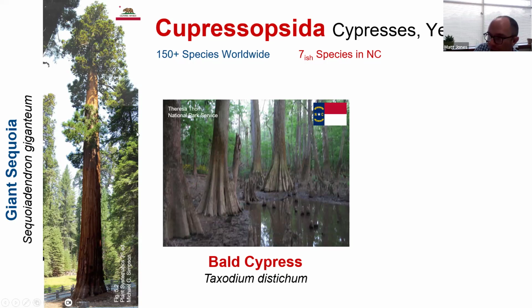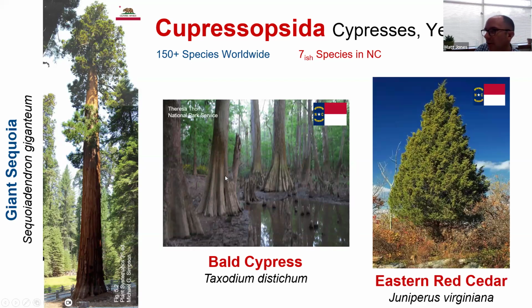In North Carolina, we do have things like bald cypress and pond cypress, and bald cypress is a true cupressoid, and it is a prominent feature of some ecosystems in the coastal plain especially. But you can grow this in your front yard, and it does spectacularly well. It doesn't have to be especially wet.